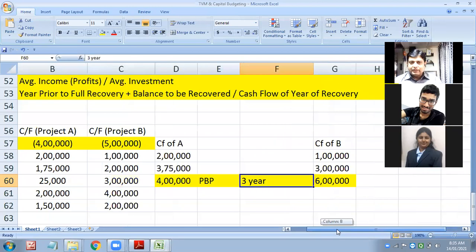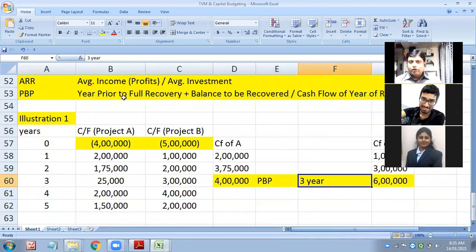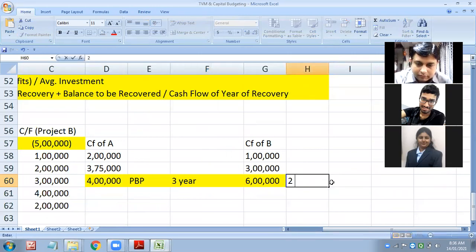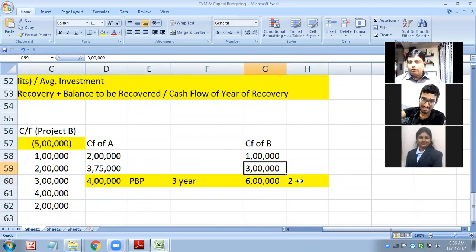So in such cases, we need to apply this formula. Year prior to full recovery. What is the year prior to full recovery? Second year. Plus balance to be recovered. How much was the balance to be recovered?